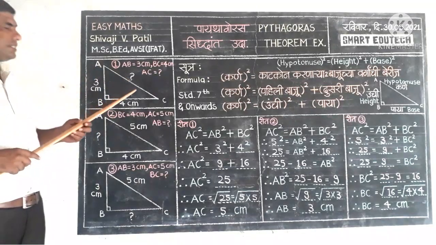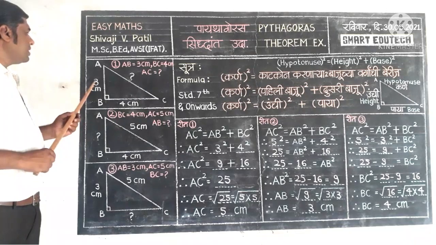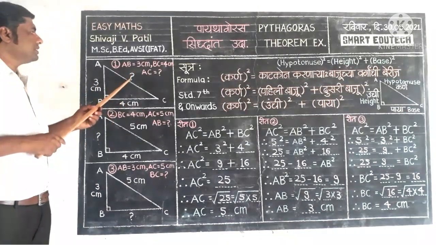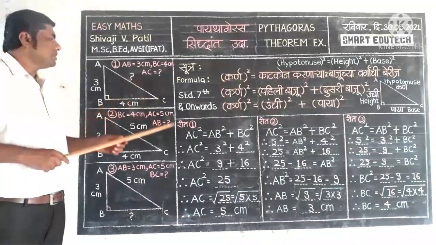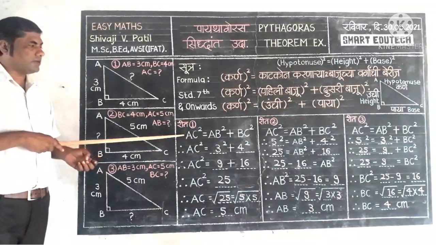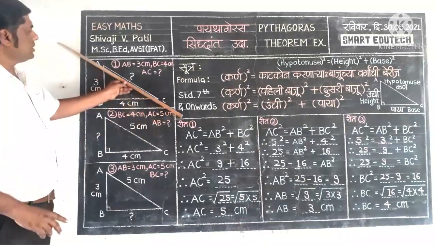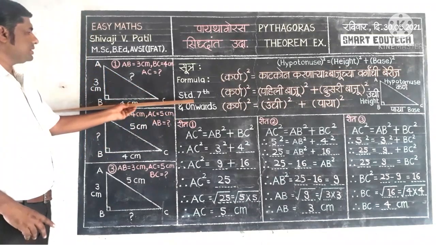In this type of example, they have given the values of height and base. We have to find the value of hypotenuse. First of all, you have to write the formula. AC square is equal to AB square plus BC square.